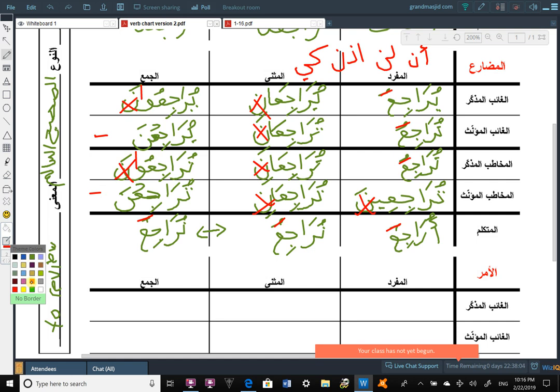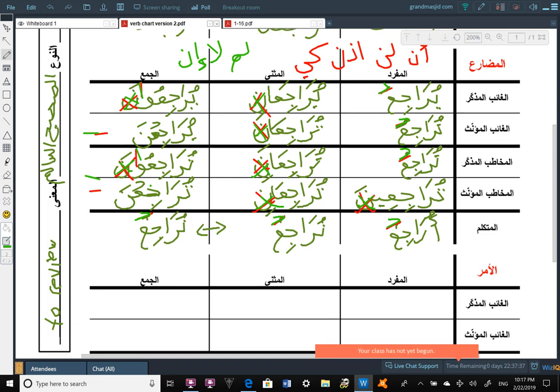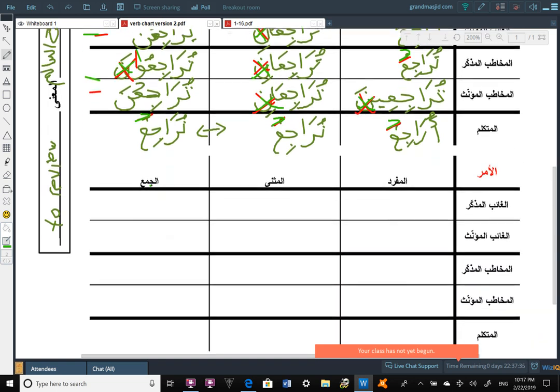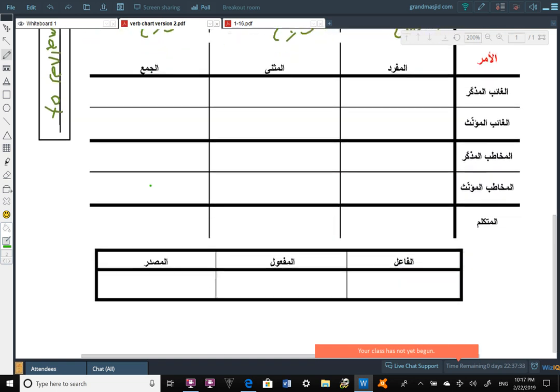If I add lam or la of prohibition or in, then these dhammas become sukoons, and the noon of marfu is dropped. These two never change because the noon will prevent it. That's your fi'l mudari, your present tense.